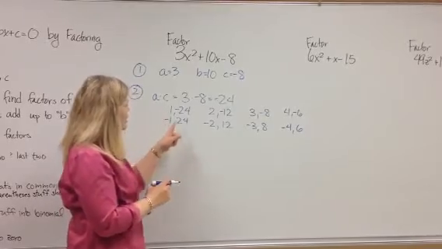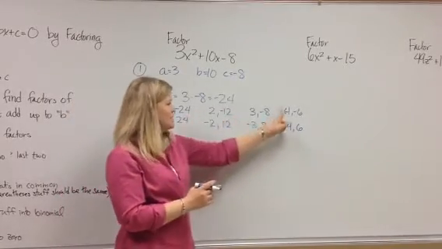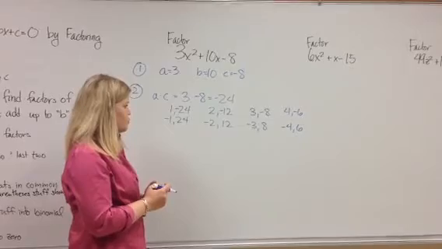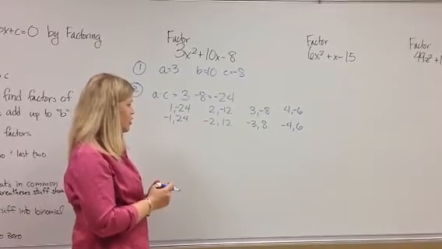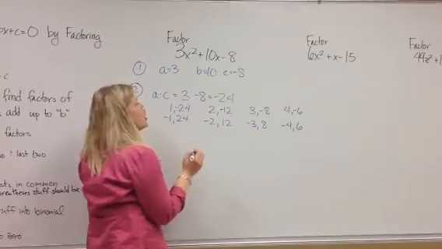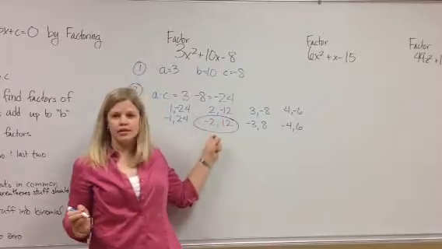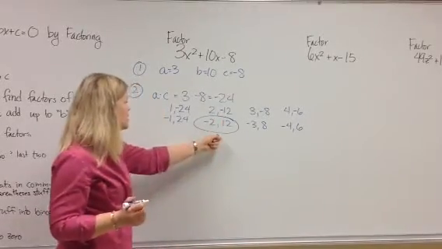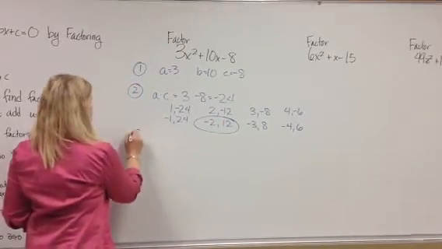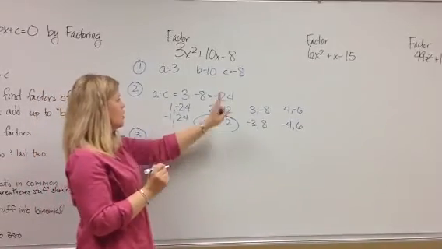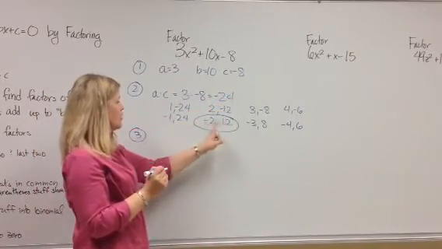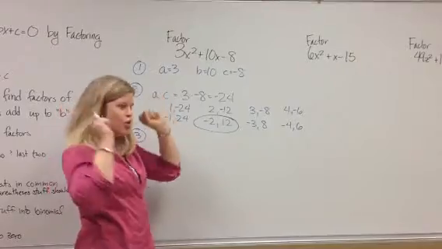Okay, so do any of these add up to be a positive 10? I hope some of you out there are going, circle it, Mrs. Roth. Yes, this is the one that adds up to positive 10. So, double check, negative 2 times 12, yep, gives me negative 24. If I add them, I get a positive 10. Woohoo!